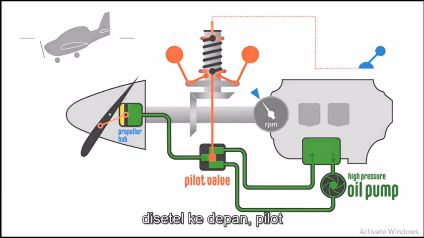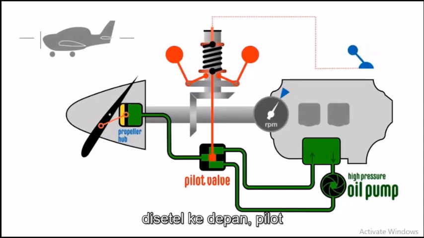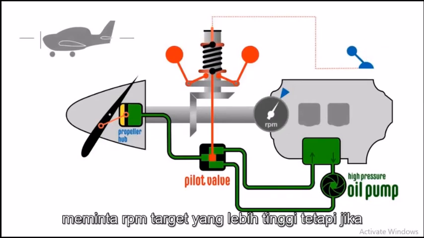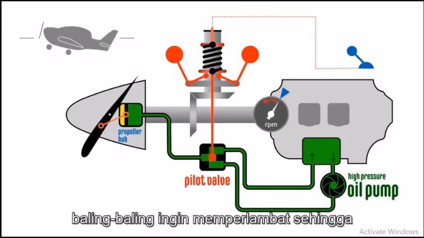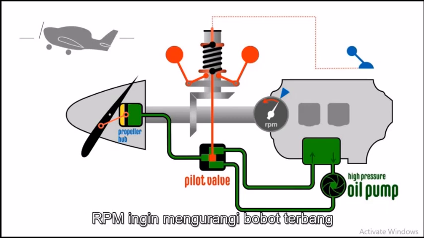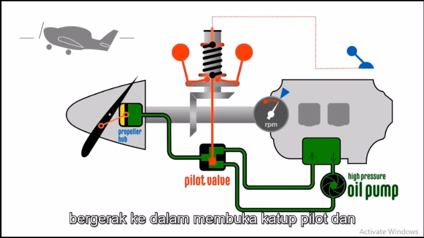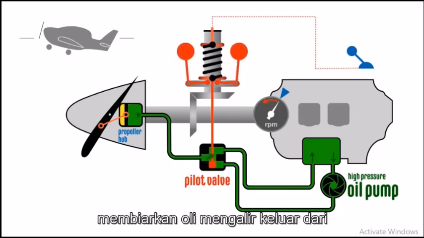With the propeller pitch control set forward, the pilot requests a higher target RPM. But if the aeroplane pitches up, for example, the propeller wants to slow down. Thus, the RPM wants to decrease. The flyweights move inwards, open up the pilot valve, and allow oil to flow out of the propeller hub.